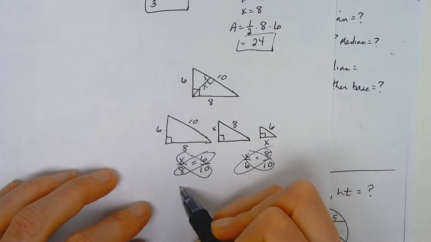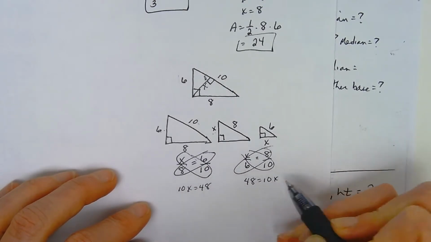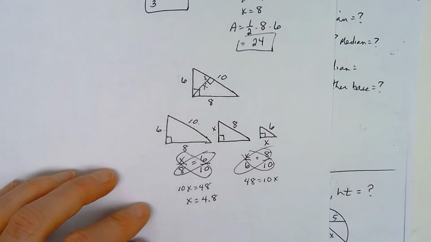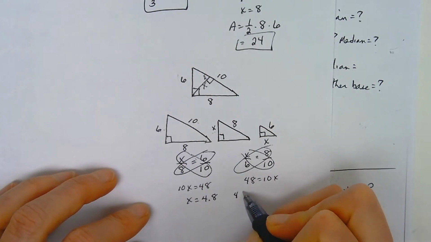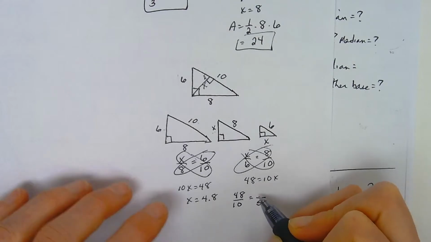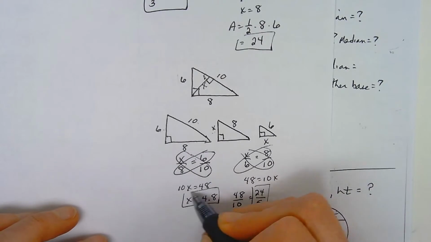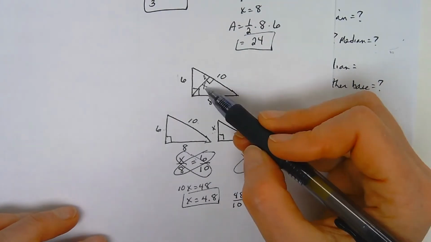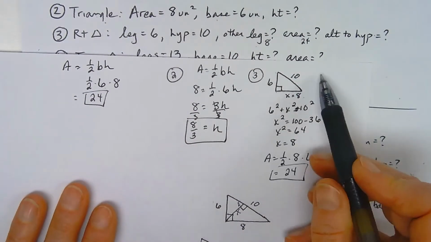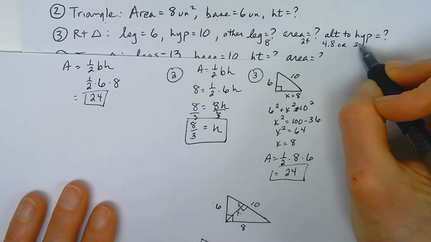We get 10x equals 48, and we'd get the same thing here, 48 equals 10x. Dividing both sides by 10, we get 4.8. X equals 4.8. If you want to leave it as a fraction, that's 48 over 10. Dividing both by 2, we get 24 over 5. So you could get 24 over 5, or x equals 4.8. And that is the length of the altitude to the hypotenuse. 4.8 or 24 over 5.